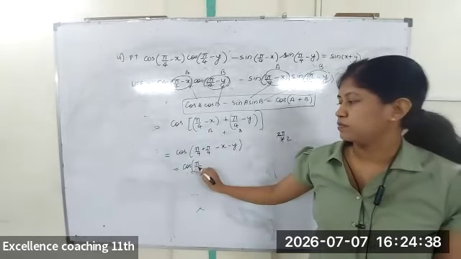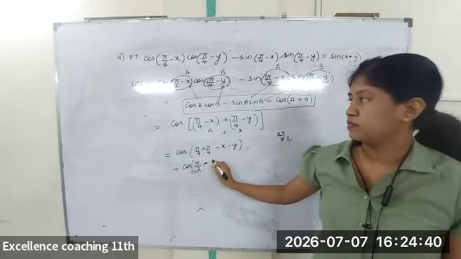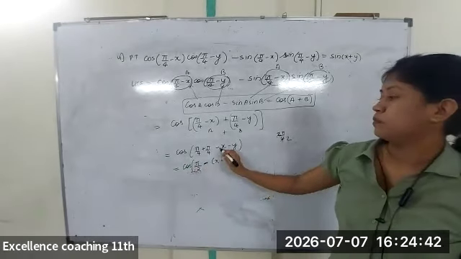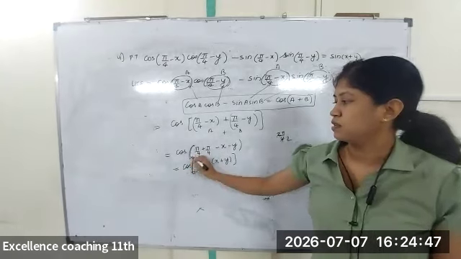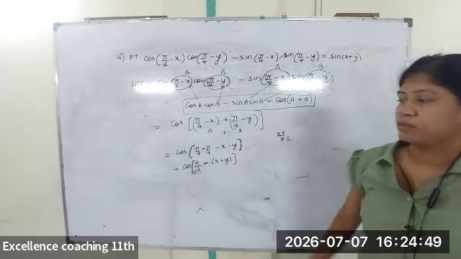It will be pi by 2. Minus is common, yeah, minus is common between.